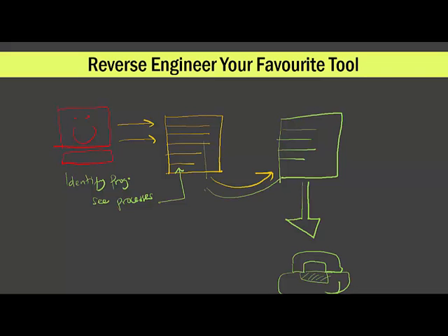Send that into a runnable script and save that in your toolbox or belt or whatever you want to call it. Okay. So why don't you go ahead and do that?